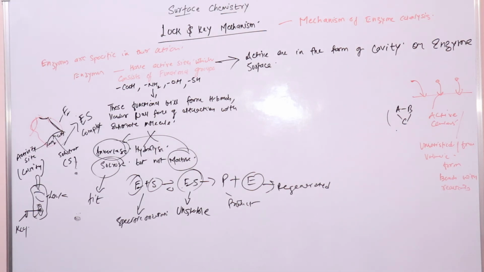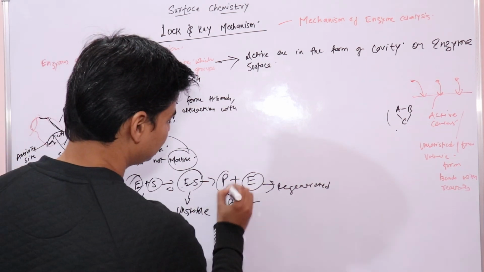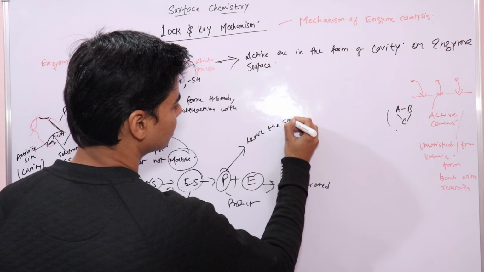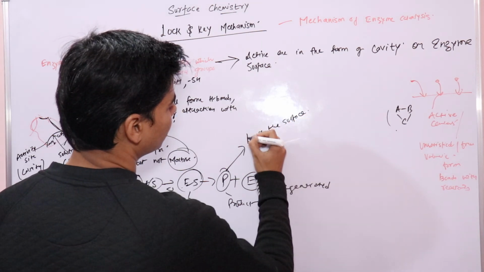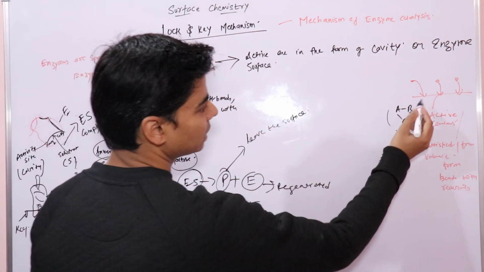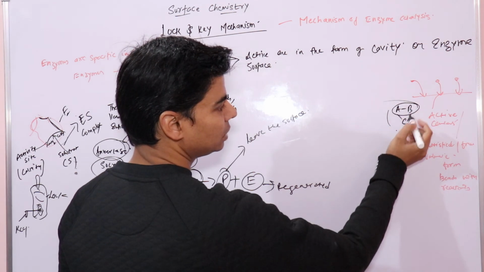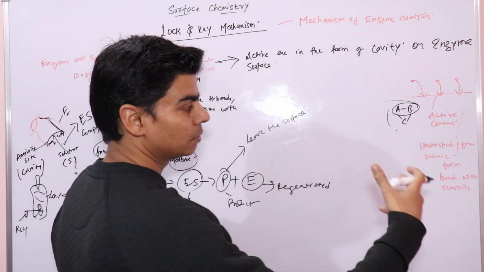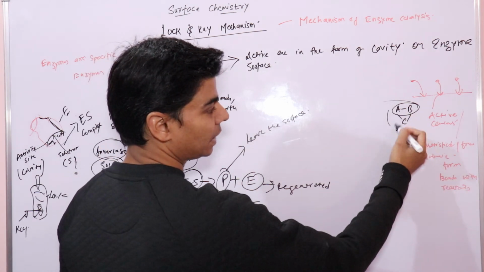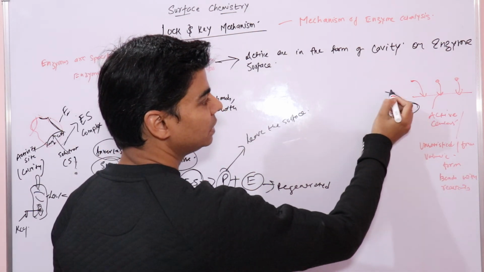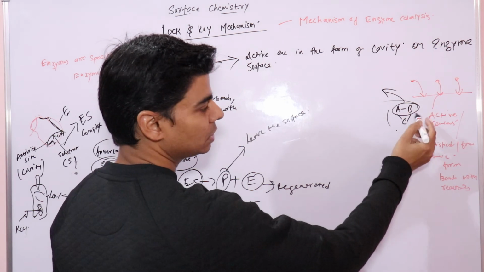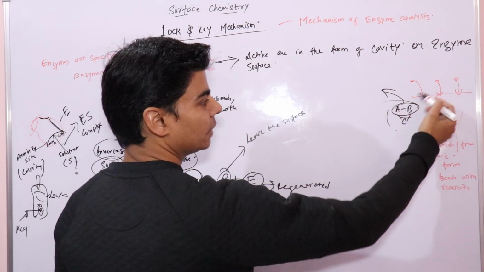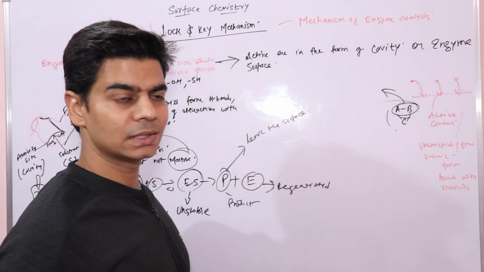And this product will leave the enzyme surface, same as here. When this intermediate complex dissociated into products and catalyst, the product would leave the catalyst surface because it does not have any affinity for the catalyst surface.